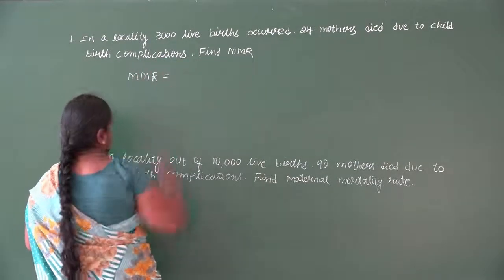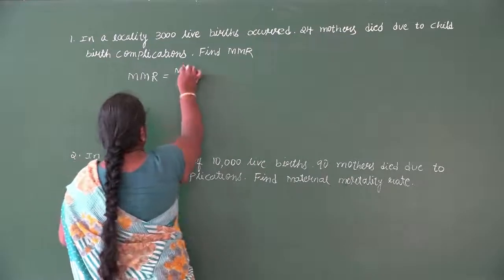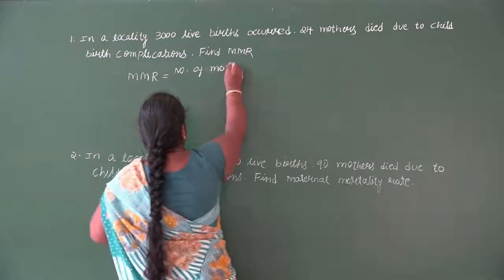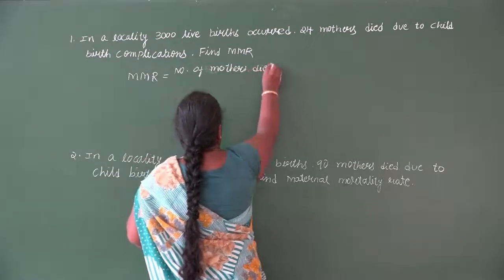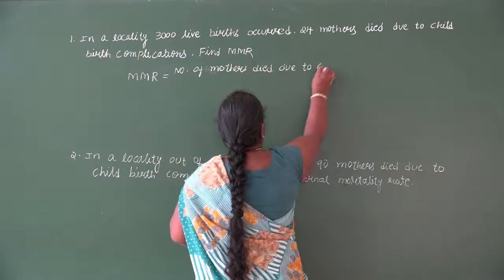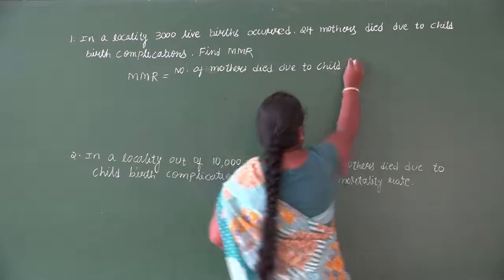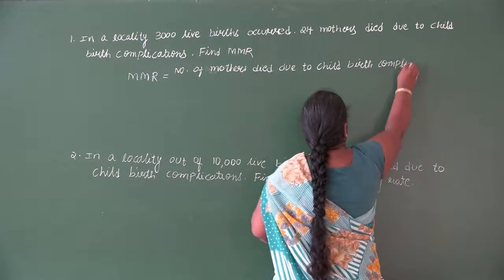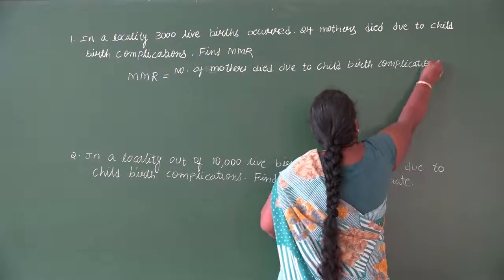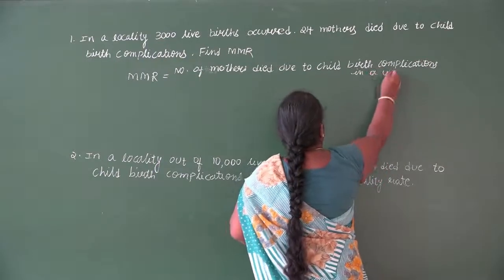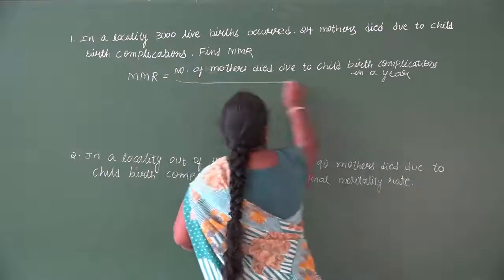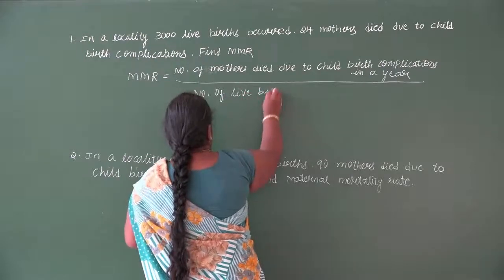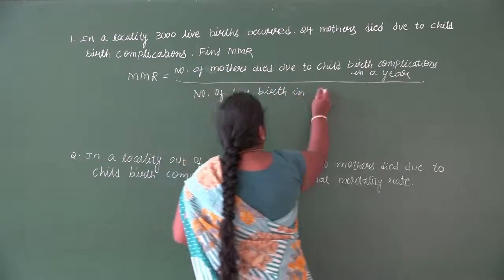So before seeing the values, we'll write the formula of MMR. So it is number of mothers dying due to childbirth complications in a year divided by number of live births in a year into 1000.